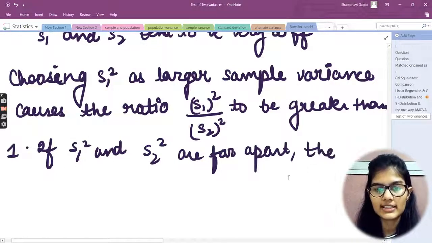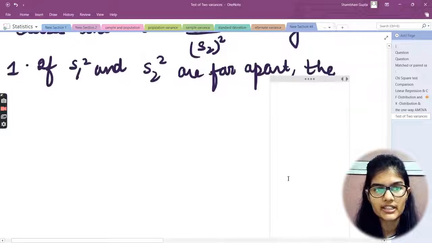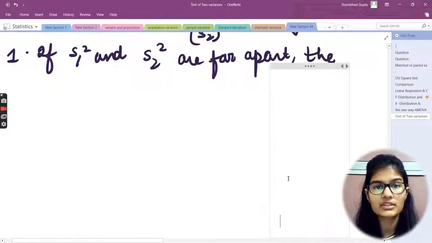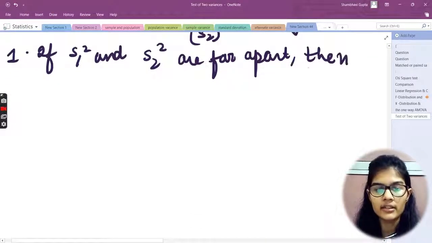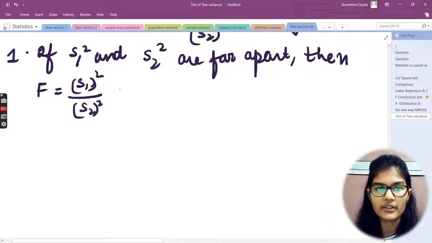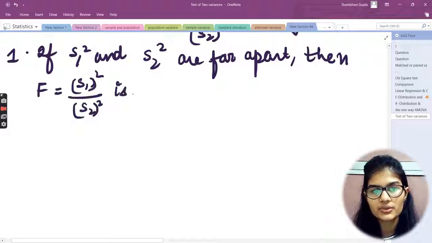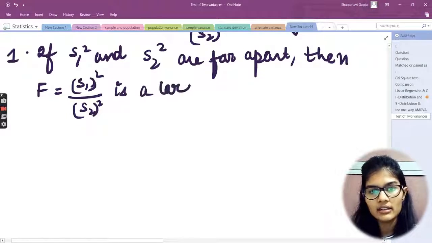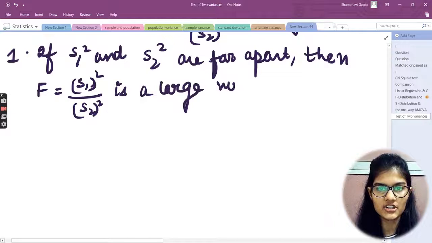then, let me get some space for writing again. If S1 square and S2 square are far apart, then in that case F is equal to S1 square divided by S2 square, which is a large number.